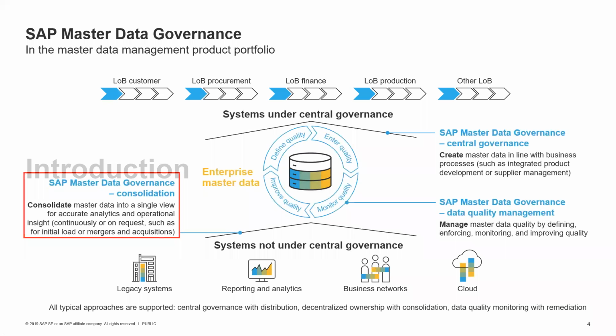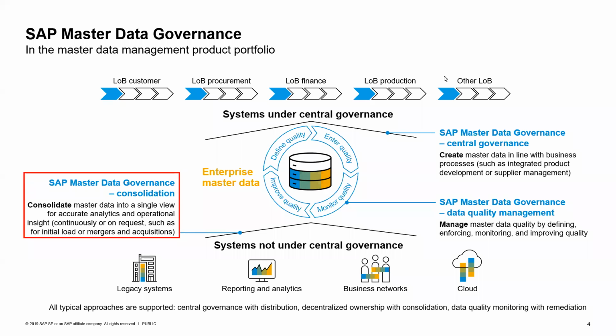Okay, so let's start with the introduction of this topic. You have seen the video, and now you know which disciplines we currently support in our MDG solution. So perhaps, as you know, for several years, we already have the central governance part of Master Data Governance, where you are enabled to create and maintain master data in line with business processes, based on a workflow-driven approach, where you can really start to bring your data under central governance, and you create data only in this central system.